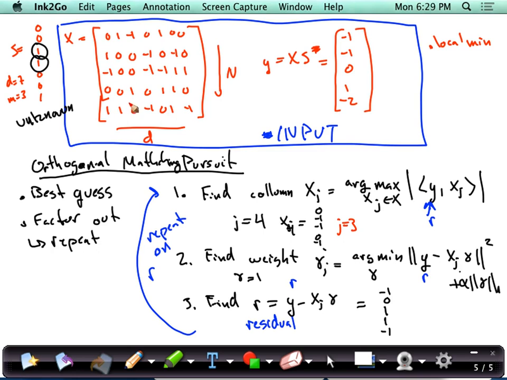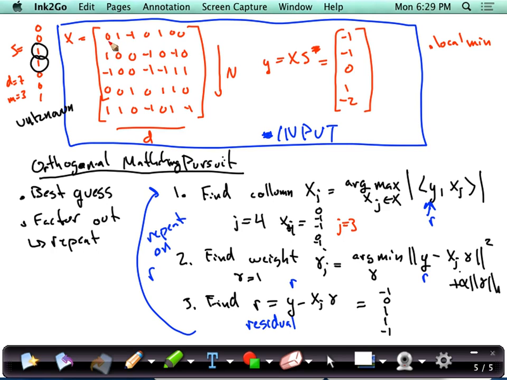Turns out all the other columns are either going to get the same value or everything is going to cancel out. If I looked at this second column, -1 and 1 gave me a -1, 0, 0, 0, 0, 0, 0, and then this is another -1, 1. This also gave me a -2. So it's the same norm, but this was negative.